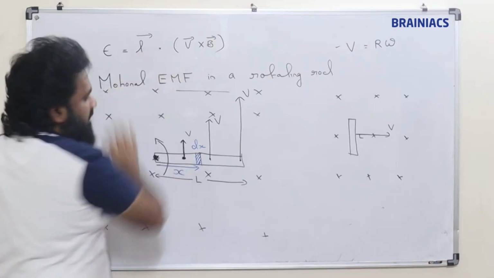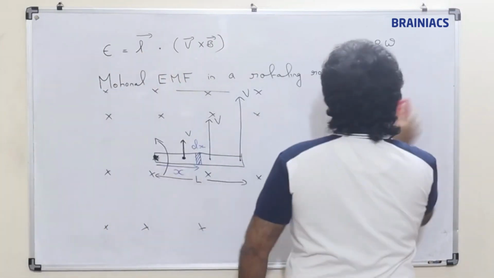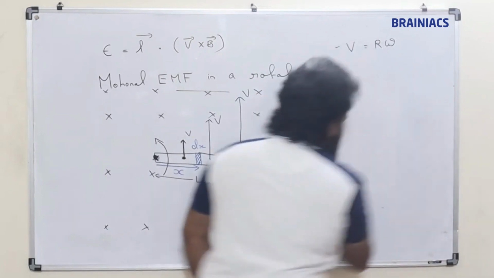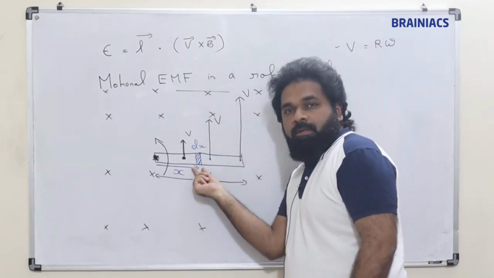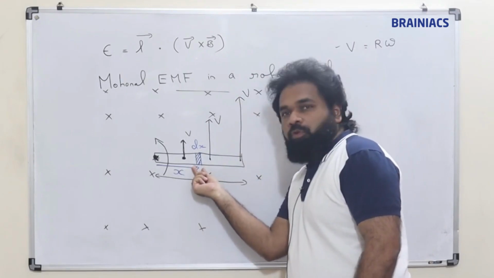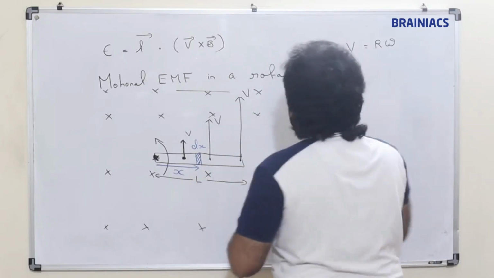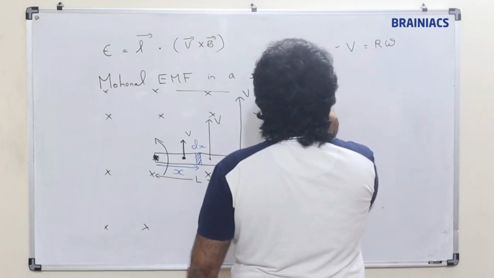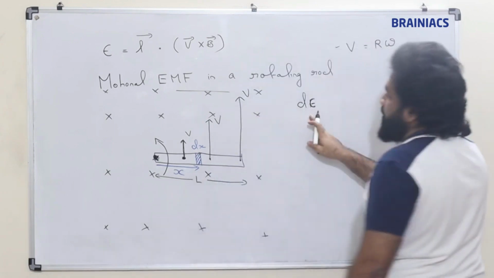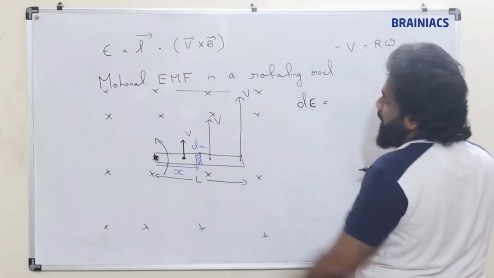Now I apply this formula for the small EMF between these two points, in this small distance. So dE, the EMF, is equal to what?